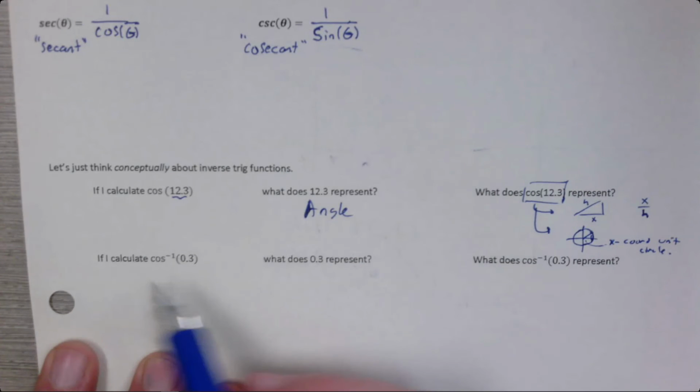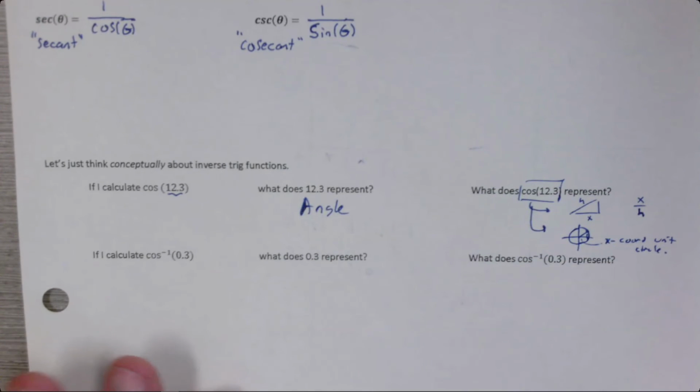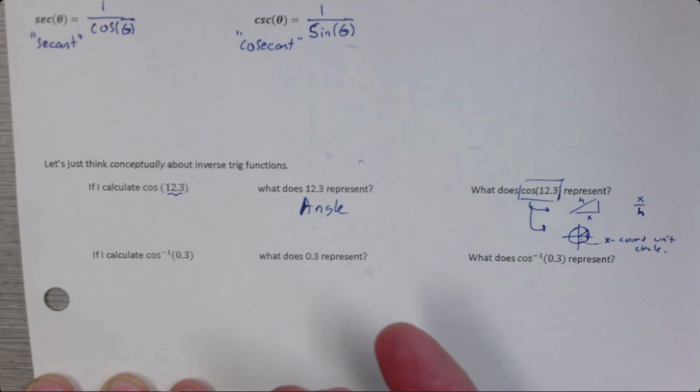Okay, so now, inverse cosine. Remember, what do we know about inverses? Like, you put in the ratio, you get the angle. Right, because when you're thinking inverses, it's like the backwards function, the reverse function.